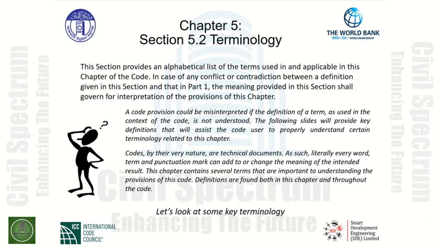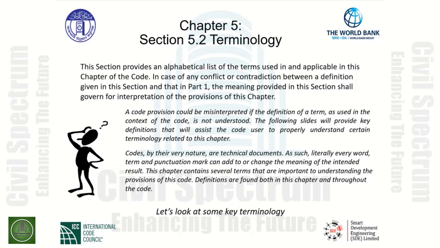Many terms and sets of words have a very specific meaning based upon the code section requirements and tables listed in this particular code. So this section provides an alphabetical list of the terms used in and applicable in this chapter of the code.